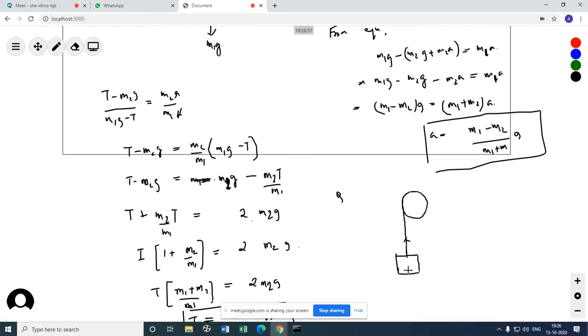Here I have 2 kg. This is T. And here I have a 3 kg. Find A and T. Do it fast.